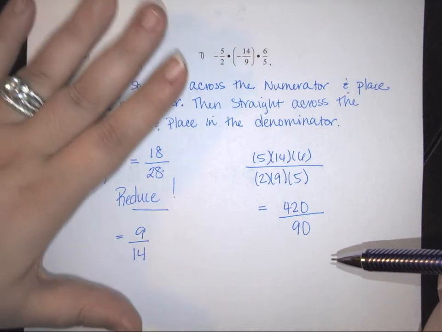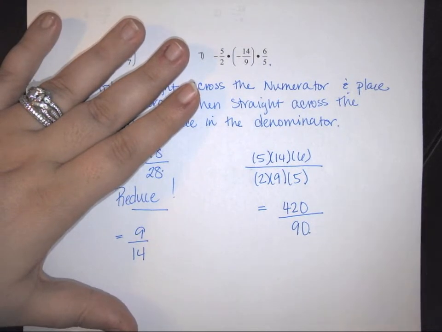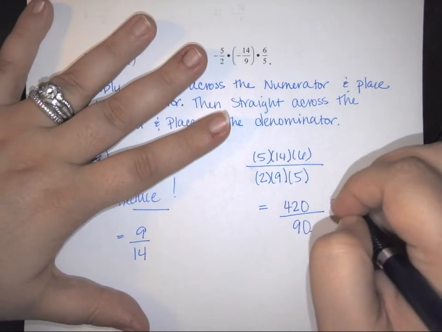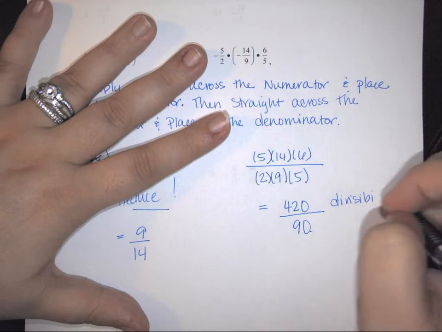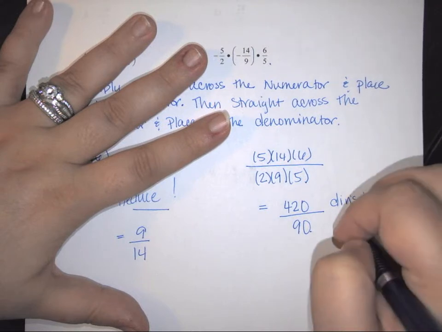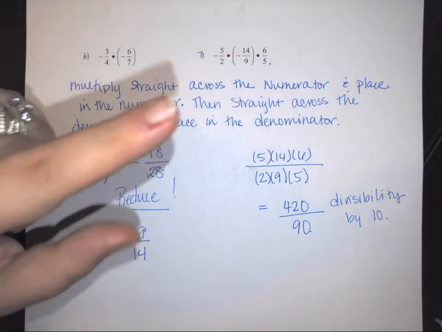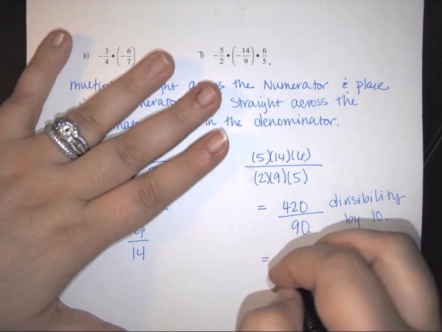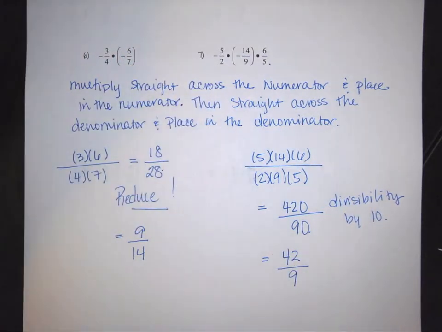So the first thing that I would look at is that both of these numbers end in 0, which automatically means you have divisibility by 10 using a divisibility rule. And so that says that this is going to reduce down to 42 over 9.